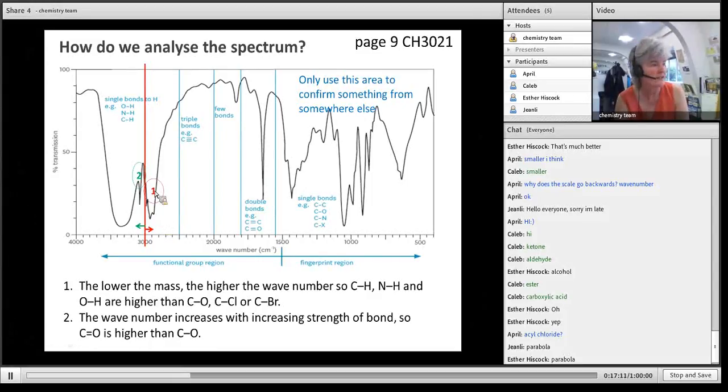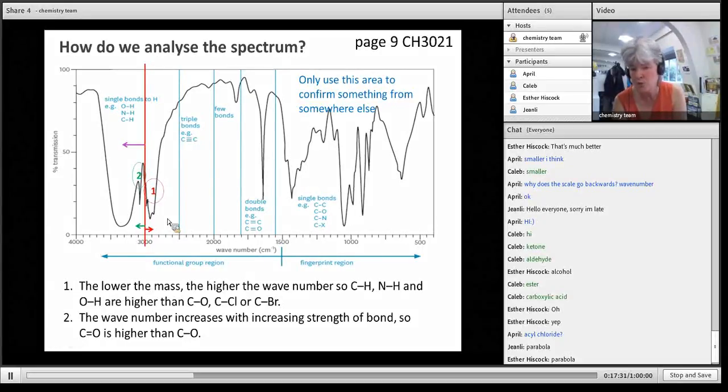This is hydrogen attached to carbons that have single bonds. This is a hydrogen attached to a carbon of a double bond. You can see the same sort of pattern, single, double, triple, so that one's slightly more at a higher number. So that will tell you whether you have that or not.